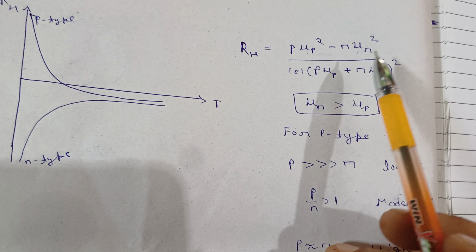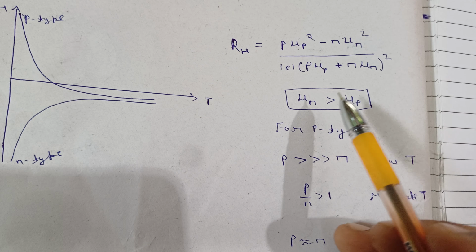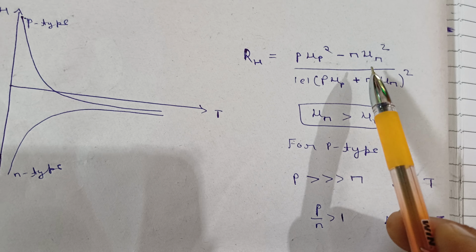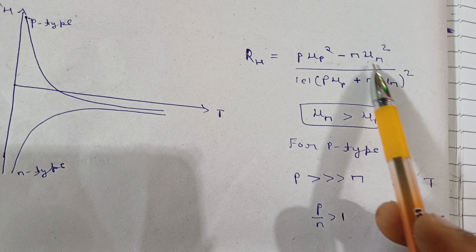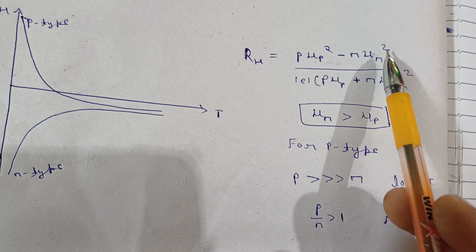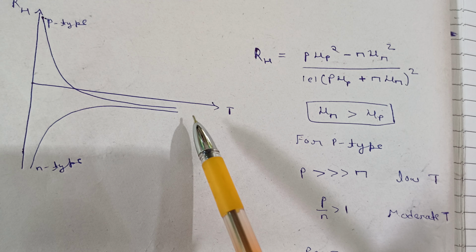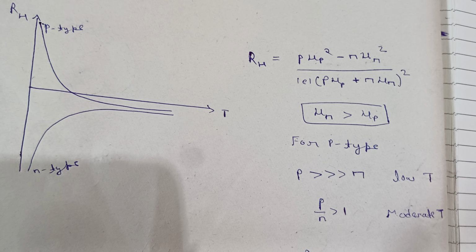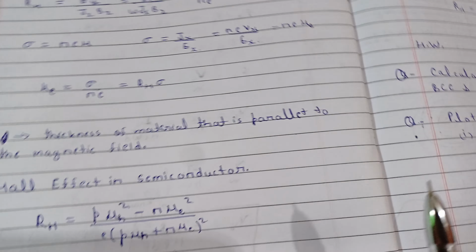With increase in temperature it is going like this, but it will never go positive. Why? Because when the temperature is very high and P is almost equal to N, still mu N is greater than mu P, so this term comes out negative, and it will be somewhere like this. So for N type the graph will be like this, and for P type the graph will go like this. Just remember this, it will be helpful in the exams.